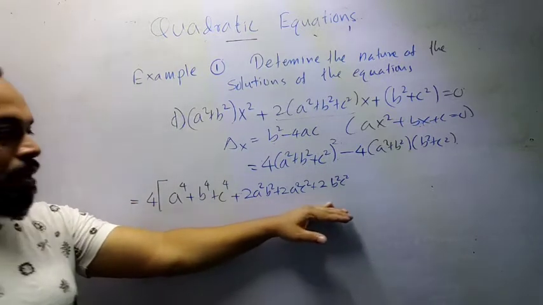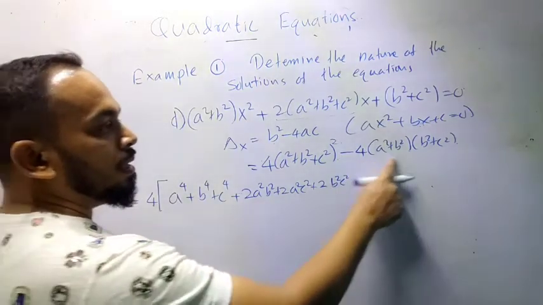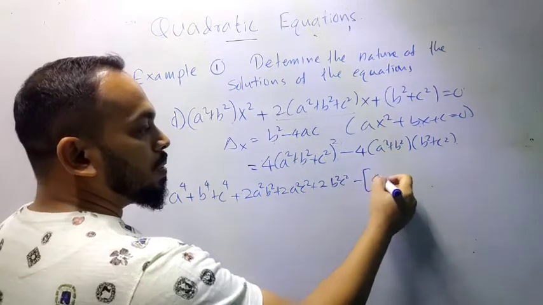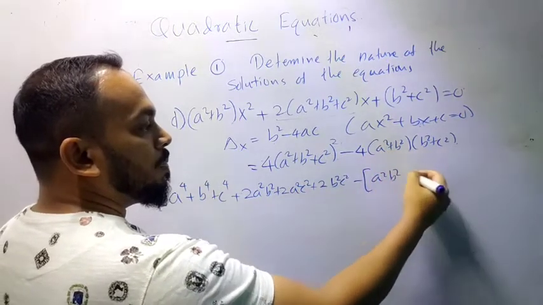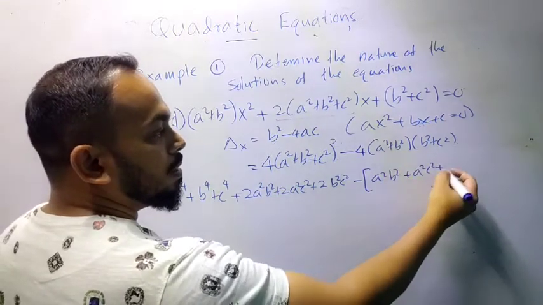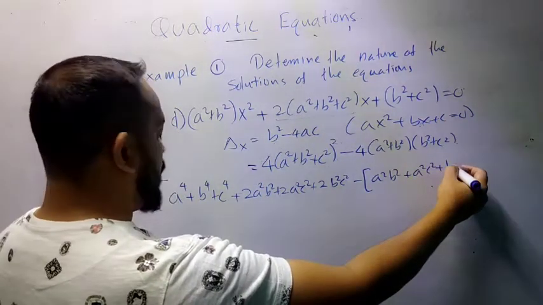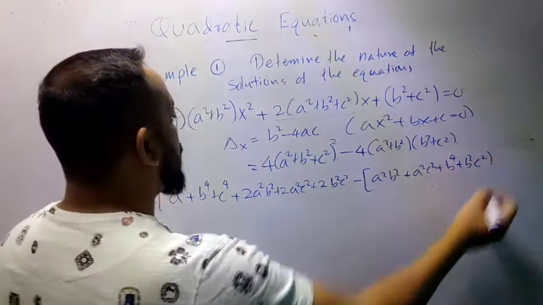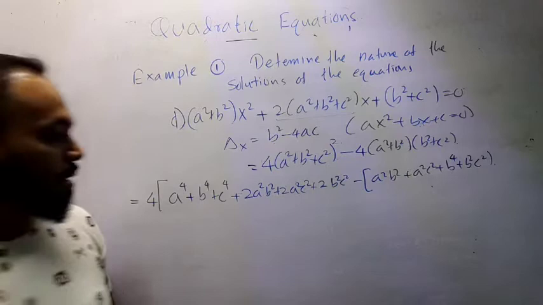Next, here we can have a squared b squared, a squared c squared, plus b to the fourth plus b squared c squared, b squared c squared.